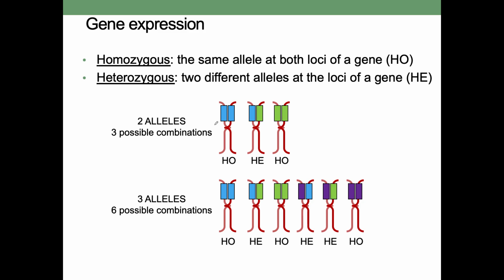If you have two of the same alleles from maternal and paternal contributions, then that individual would be homozygous for those alleles. If you inherit one blue allele and one green allele, you would be heterozygous at that location. And the final possibility is inheriting two green alleles, one from the paternal side and one from the maternal side. In that case, you would be homozygous green.